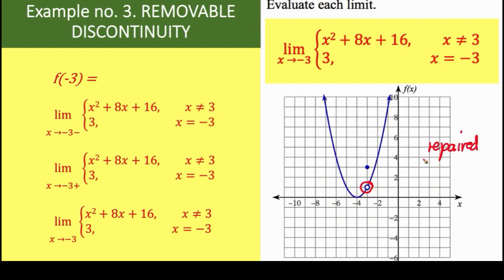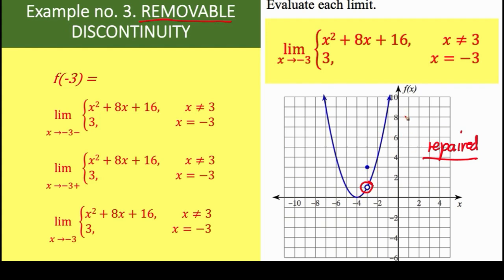But this hole can be repaired by just putting in this one single point to complete all the points in this curve. When all you need is one point to repair the function to make it continuous, then you say that function has a removable discontinuity, because the discontinuity was created by just removing a single point, and it can be repaired by putting that point back on the curve.